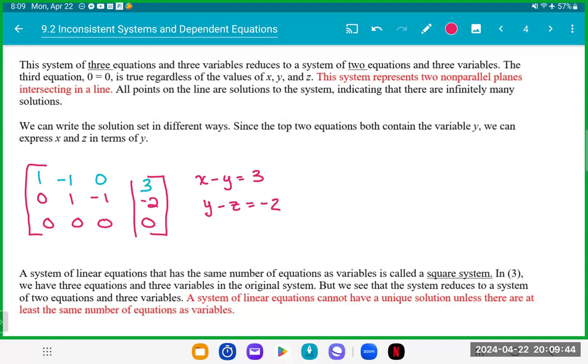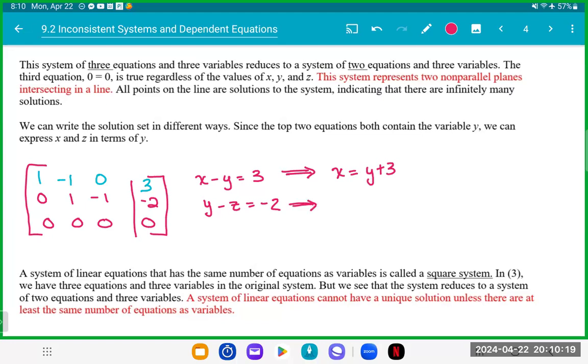And so what we could do is rewrite this in terms of where our variable is on one side and our y is on the other. x's and z's on the left, y on the right, because that's what both equations here have in common. So we could rewrite this as x is equal to y plus 3. It's the same thing, right?